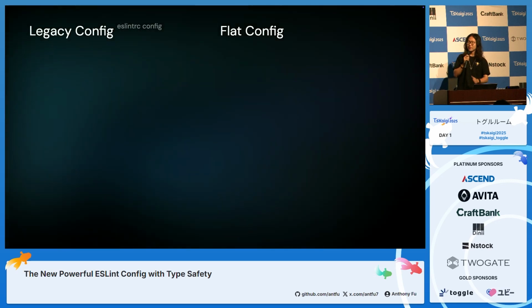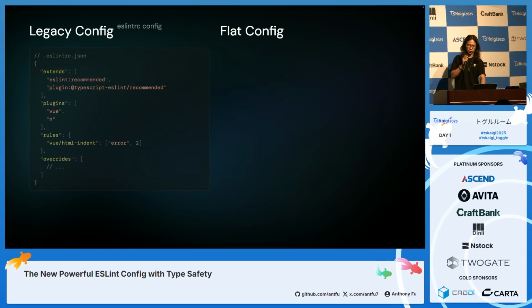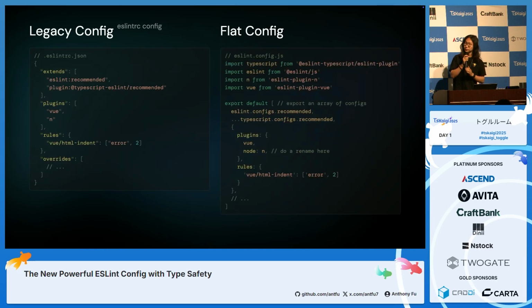In case you have never heard about this or haven't dug into the docs, I'd like to do a quick comparison between the legacy ESLint RC config and the new flat config. Differentiating between these two configuration formats is rather straightforward.